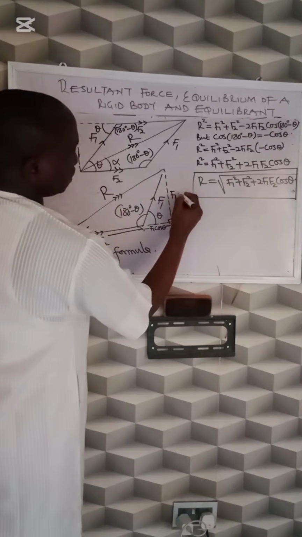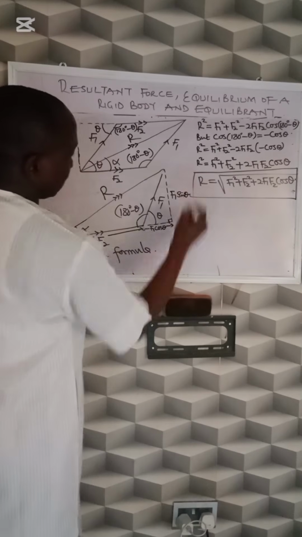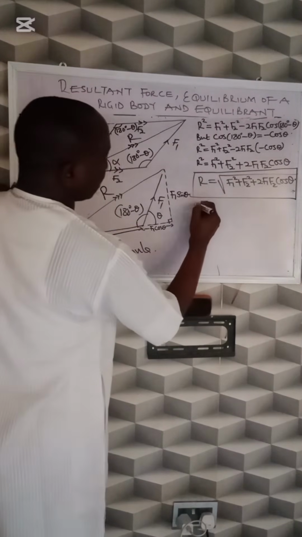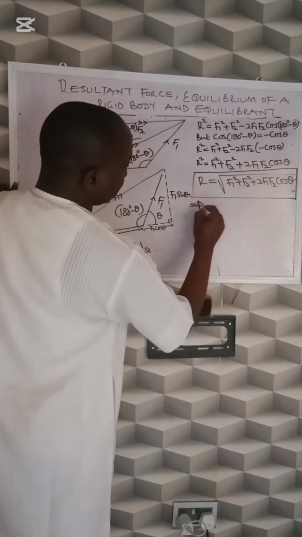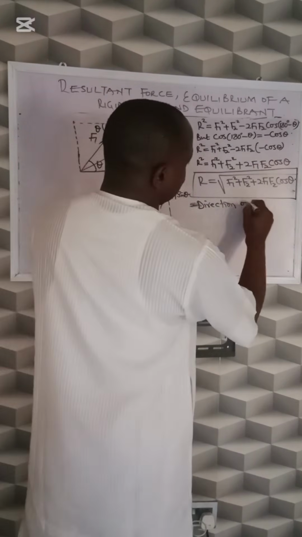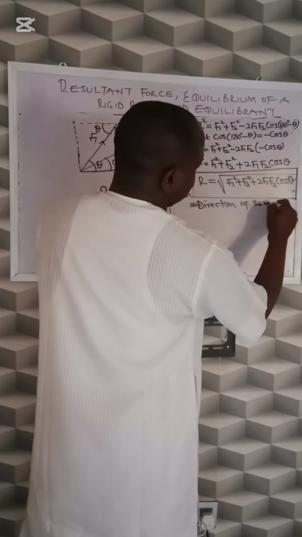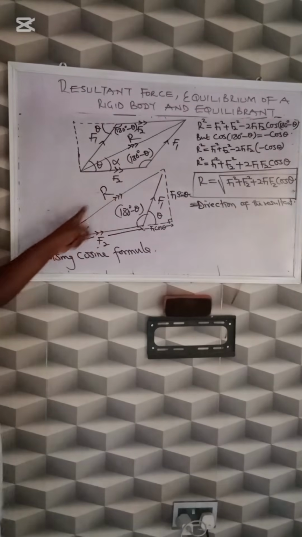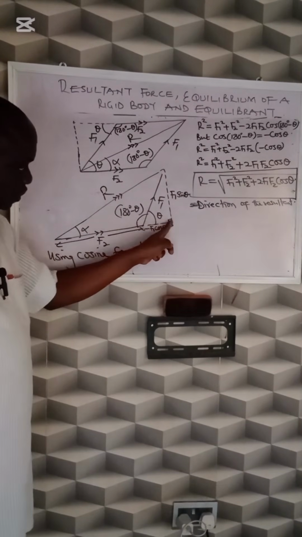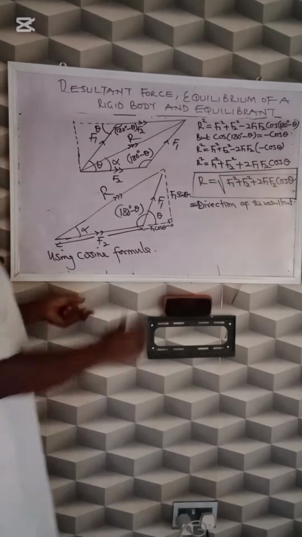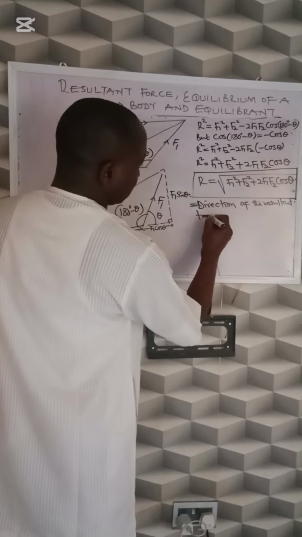So let's calculate this. This is opposite over adjacent, so we can say tan. The question is the direction of the resultant. We are considering the whole of this triangle now. So this will be opposite, this will be adjacent, and we have tan, opposite over adjacent. So tan alpha is equal to opposite.